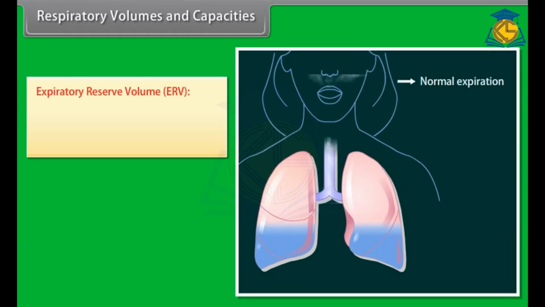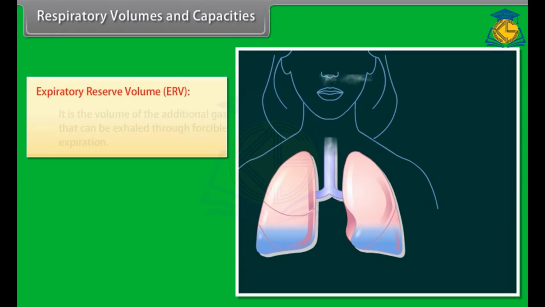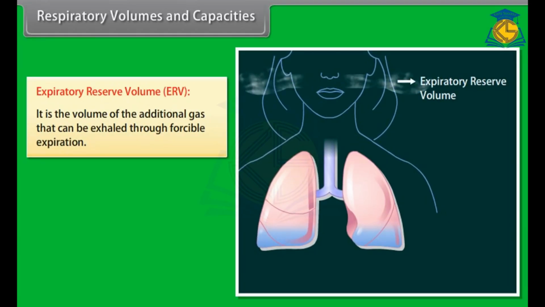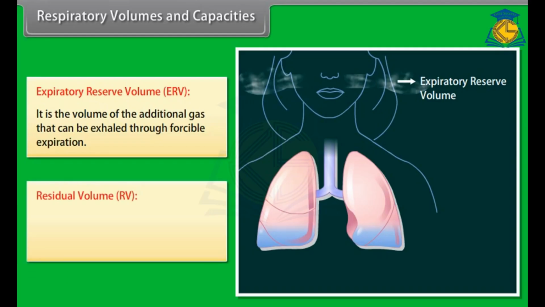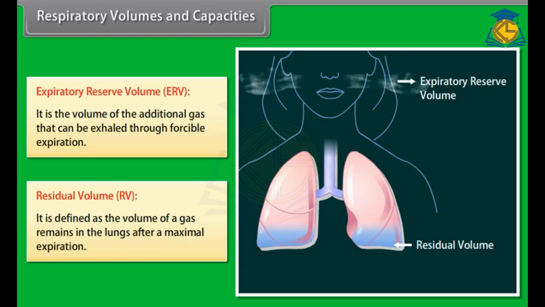Expiratory reserve volume, ERV. It is the volume of the additional gas that can be exhaled through forcible expiration. Residual volume, RV. It is defined as the volume of gas that remains in the lungs after a maximal expiration.